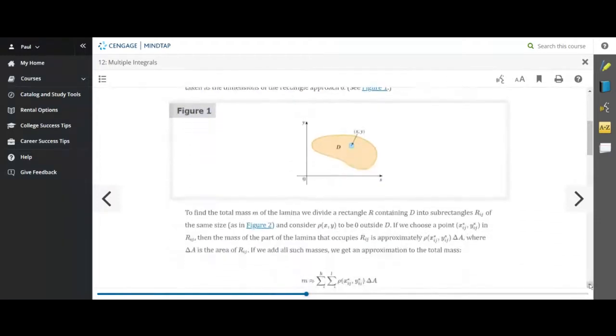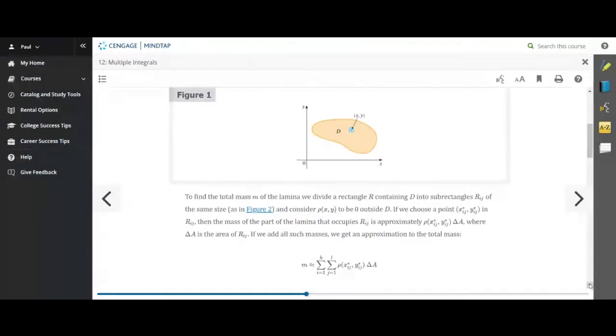Now, there's your figure 1. If you want to define the mass over the entire lamina in figure 1, being that density is defined as mass over area near a point, that means mass would be equal to density times area.